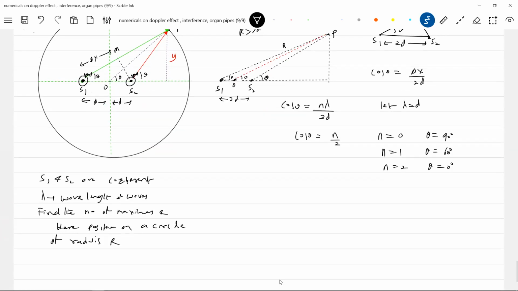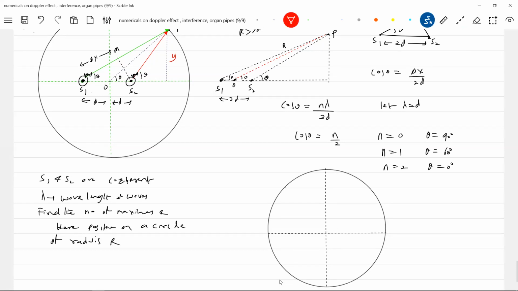Now if I draw a circle, the positions of maximas. Will I get any maxima? Yes, theta equals 0. Next maxima, theta equal to 60 degrees.